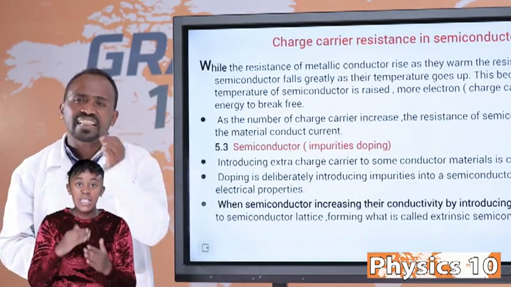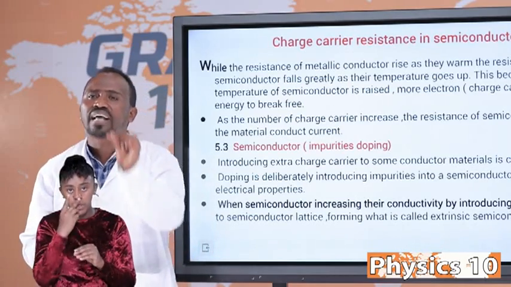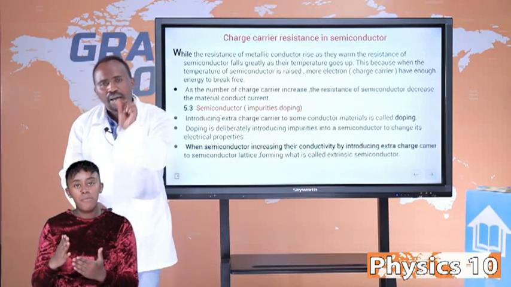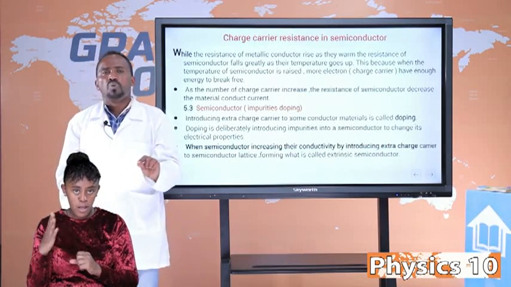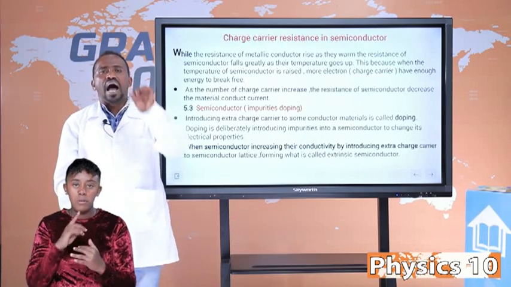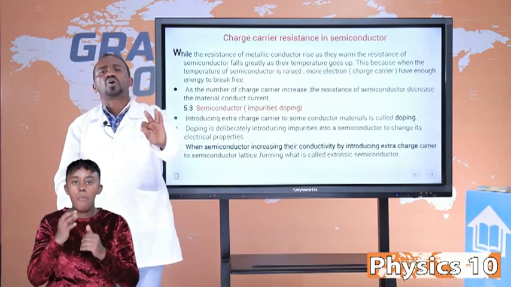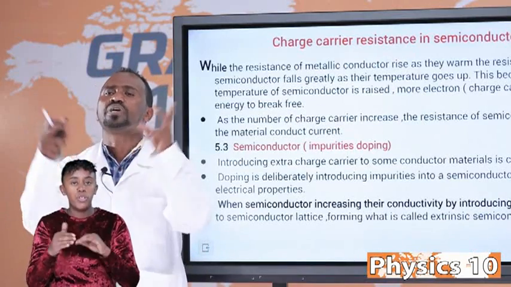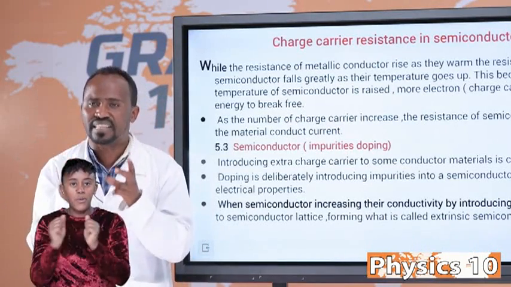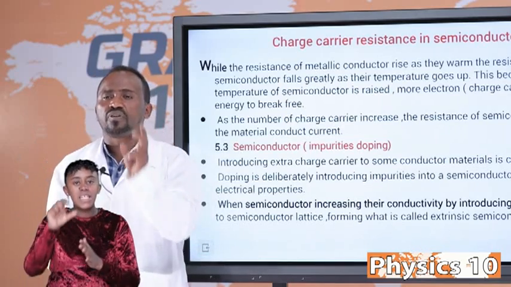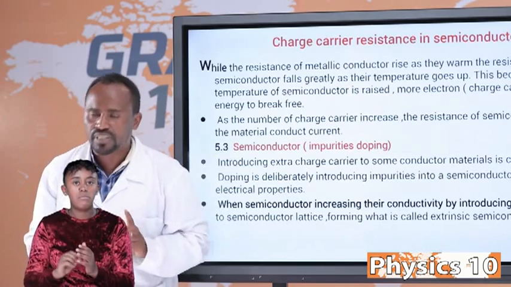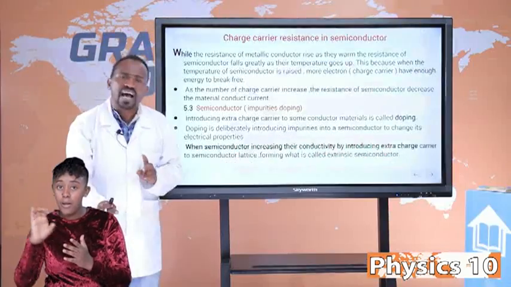Students, let us say some points about how a P-type semiconductor is formed. A P-type semiconductor is formed when an atom having 3 valence electrons in its outermost shell is combined with a semiconductor, for example silicon. Take boron, which has 3 valence electrons in the outermost shell, but silicon has 4.